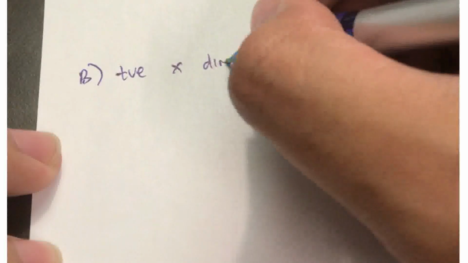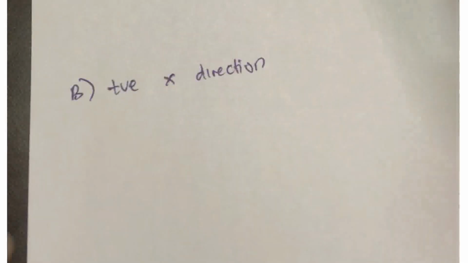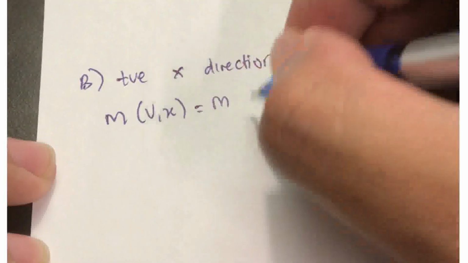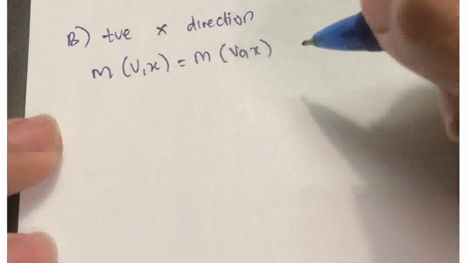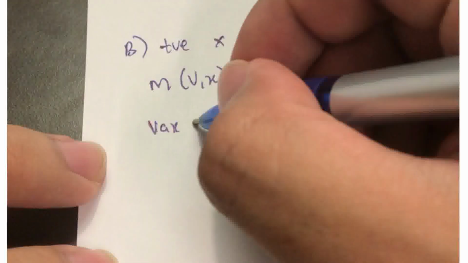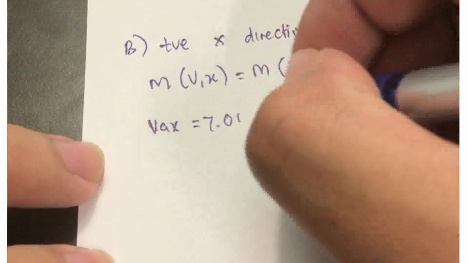For question number B, we will be using the conservation of momentum in the x direction. Positive in the x direction, and the equation is m v1x equals m vax. So our vax we will get 7.01 meter per second.